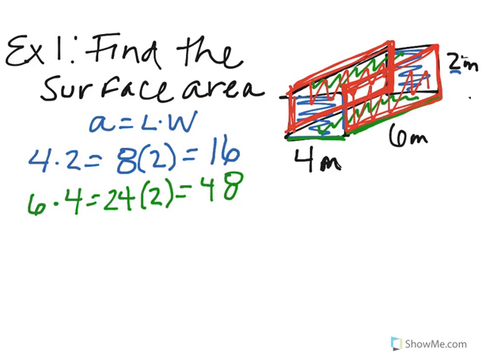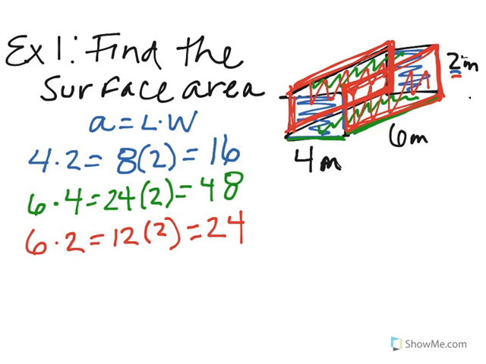So I need to find the area of those sides. The length of my side is going to be 6, and the width of my side is 2. So 6 times 2 equals 12. Because I have two sides, I have to multiply that by 2. 12 times 2 equals 24.